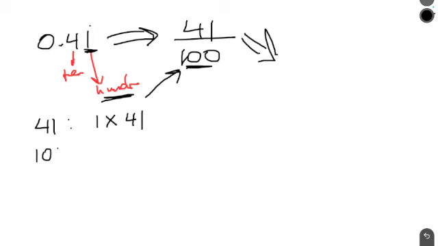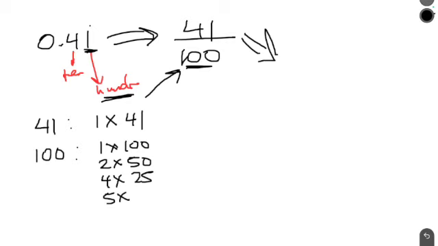If we look at 100, we have 1 times 100, 2 times 50, 4 times 25, 5 times 20, 10 times 10, and that's it.